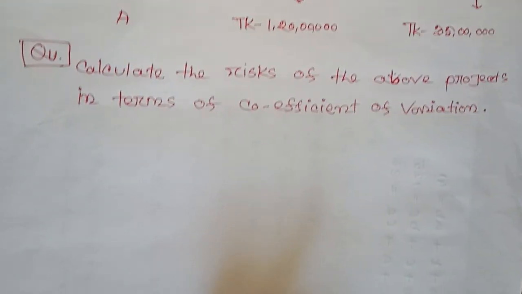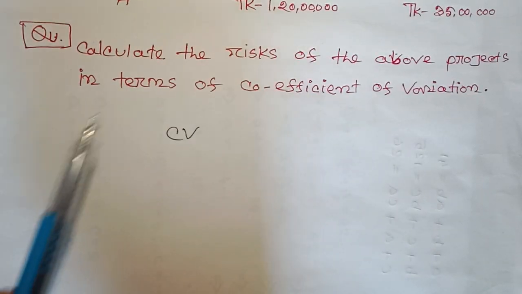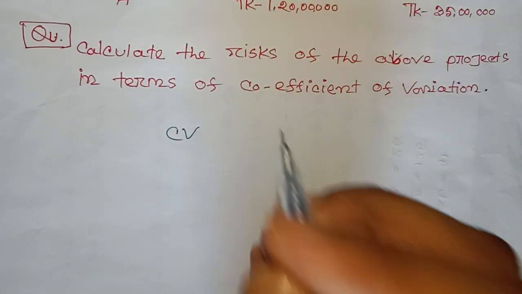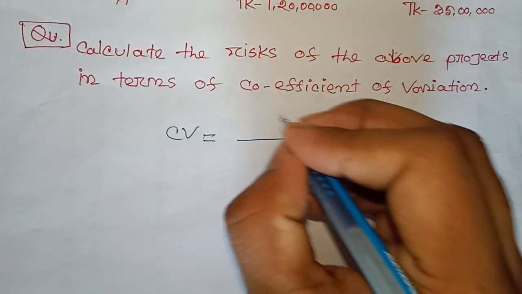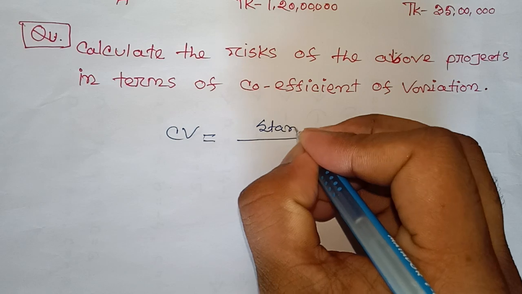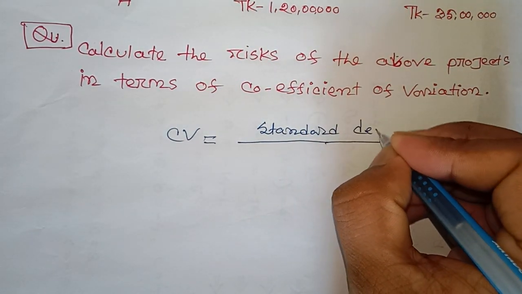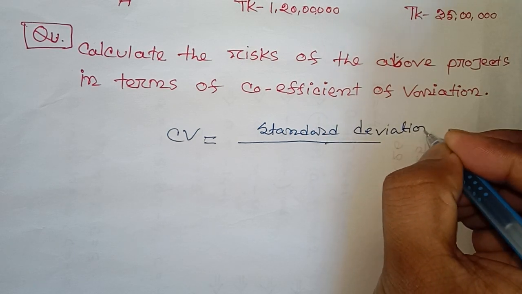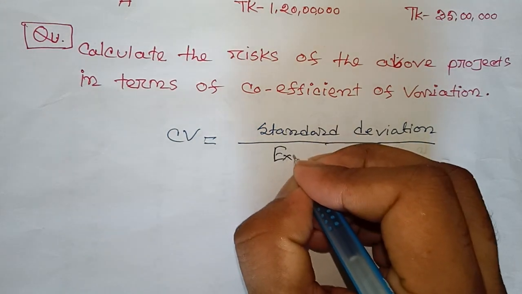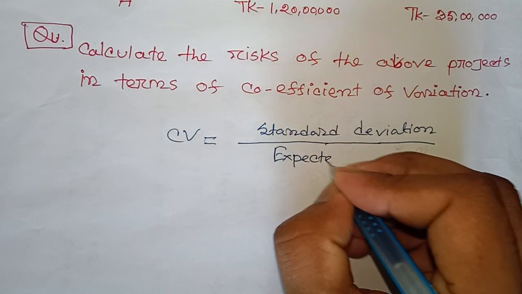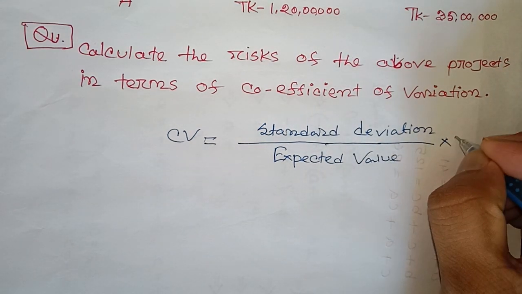So we can write CV, that means coefficient of variation, CV equals standard deviation over expected value, into 100.